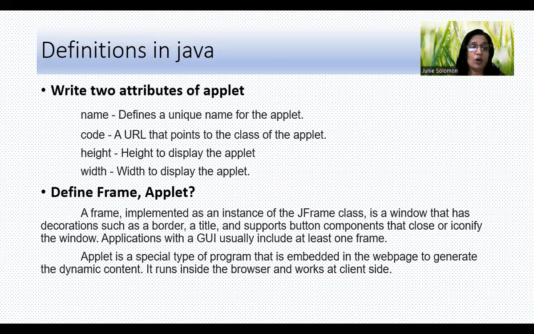Okay. Now define frame. There are two GUI options in Java, right? GUI means graphical user interface. To make a graphical user interface, we need the support of a frame or an applet in Java. A frame means you can go for an application, and an applet means you can run it in the browser. So what is a frame? A frame is implemented as an instance of JFrame.